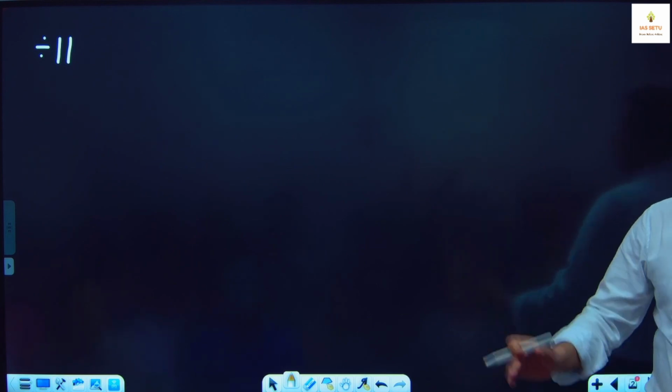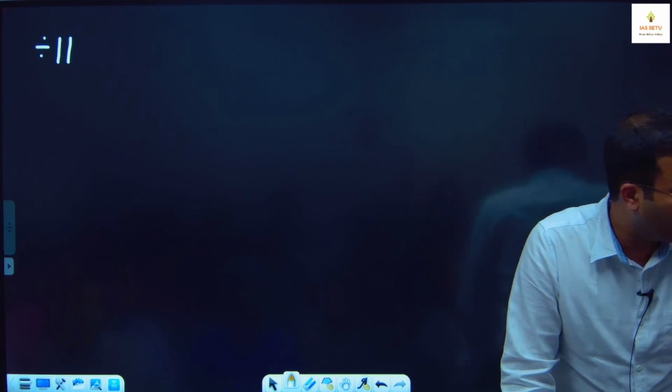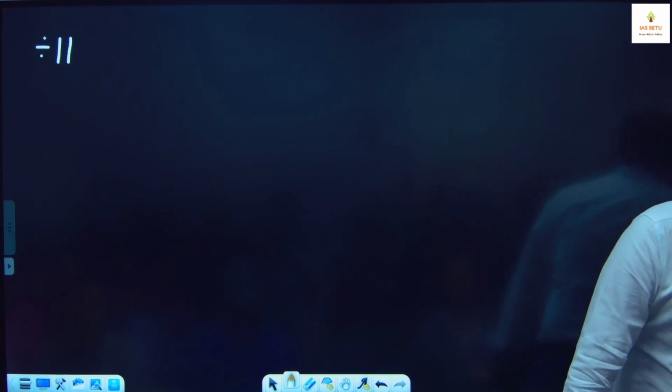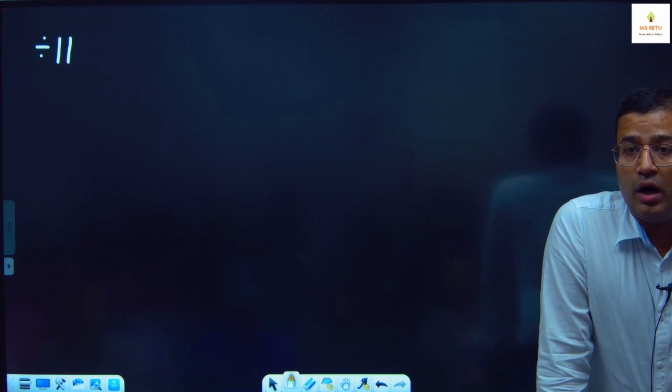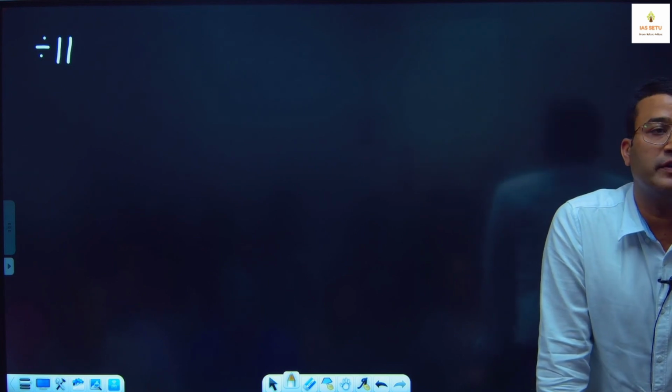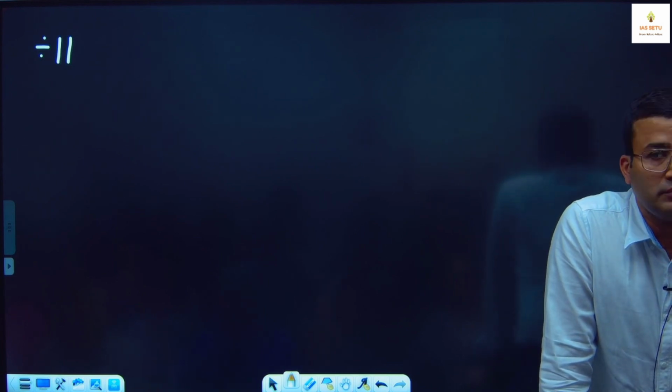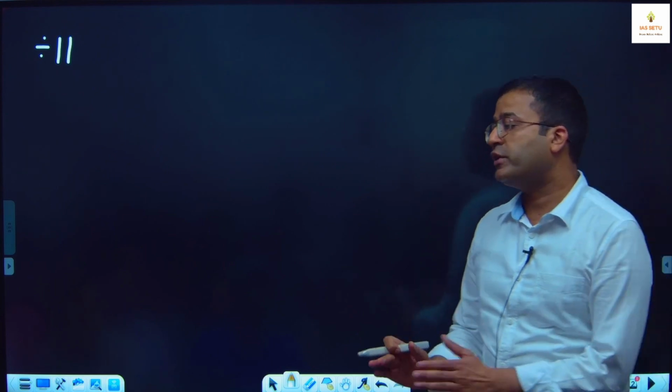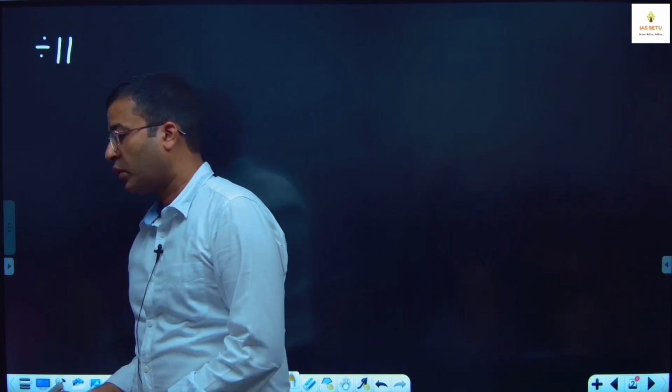Okay, so divisibility of 11. How many of you don't know the rule of divisibility of 11? बाकी को आता है. Now here for divisibility of 11, let me take 5-6 examples.